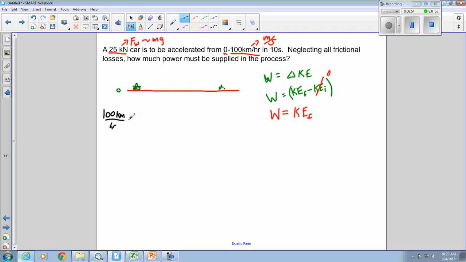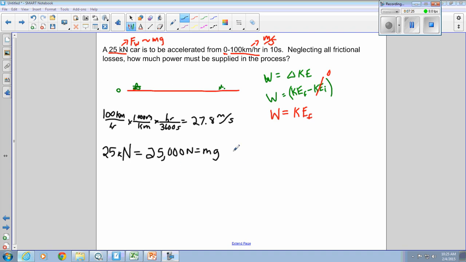So 100 kilometers per hour times our conversion rate of 1,000 meters per kilometer, or 10 to the third meters per kilometer, times 1 hour per 3,600 seconds is 27.8 meters per second. 25 kilonewtons is 25,000 newtons equals mg.